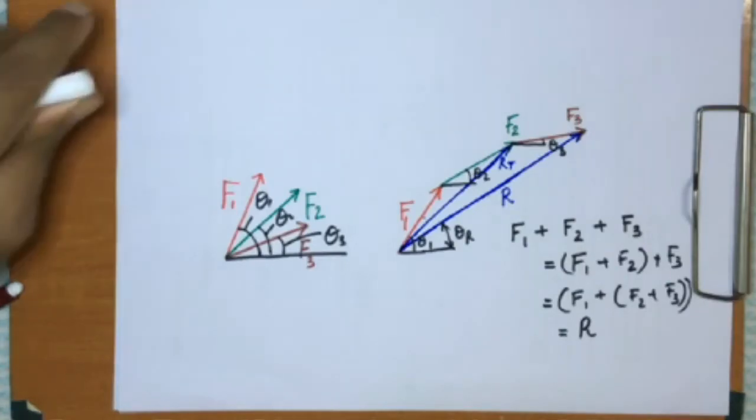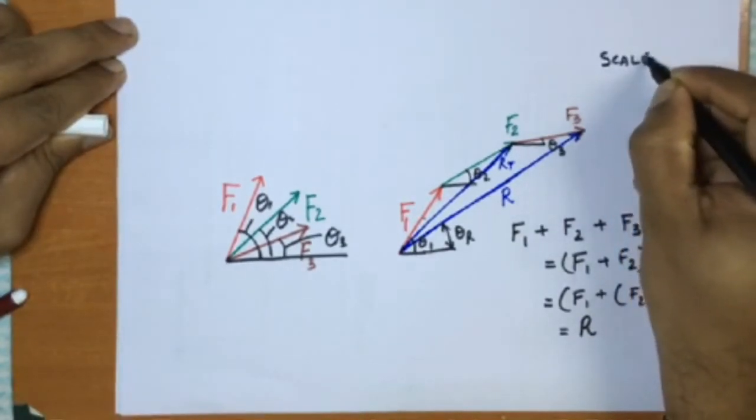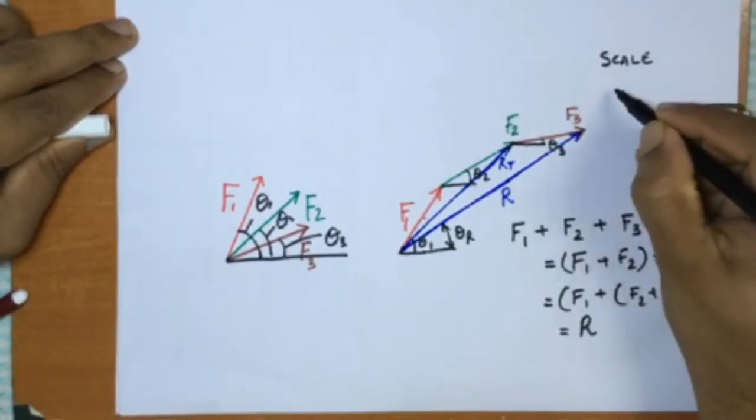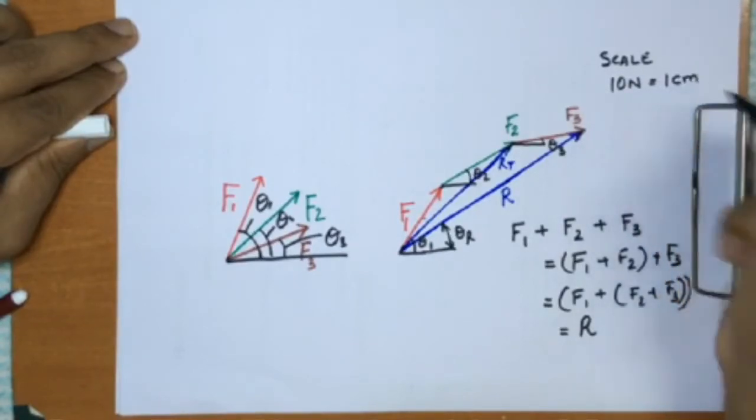It is very simple. I have to fix on a scale which is suitable for drawing. Say for example, let me define that 10 Newton is equal to 1 centimeter.